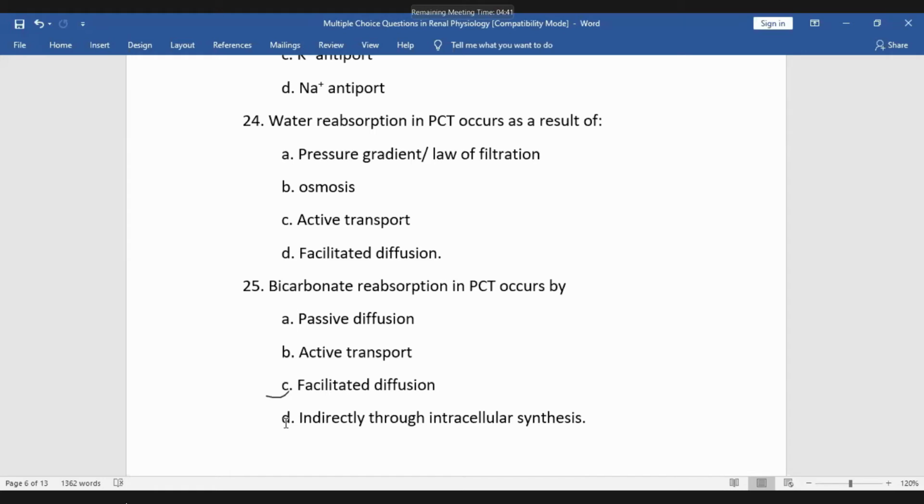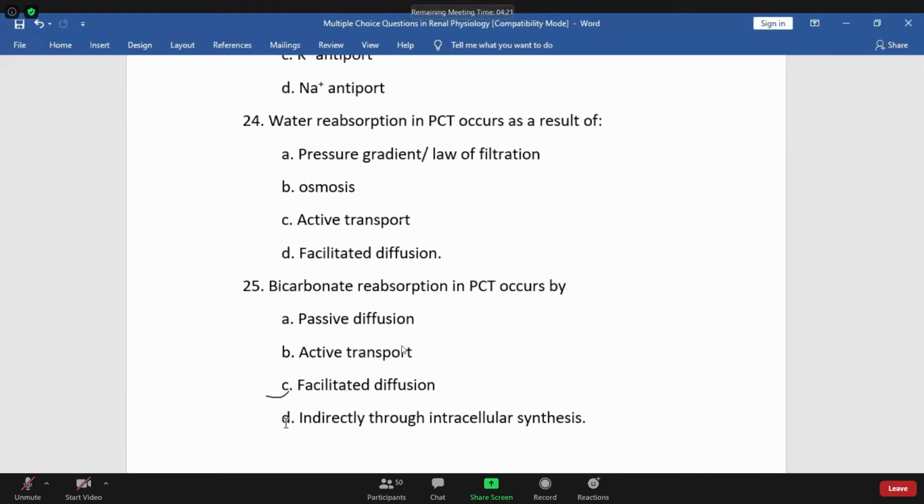The sodium goes into the cell and the hydrogen ion comes back. This hydrogen ion binds with the bicarbonate to form carbonic acid. In the tubular fluid, that dissociates into carbon dioxide and water. Both are taken into the cell, diffused into the cell.